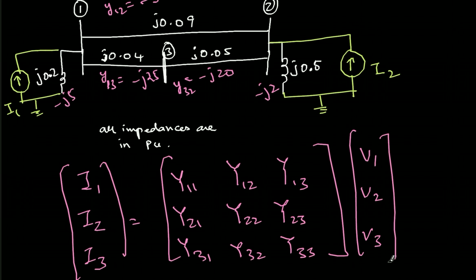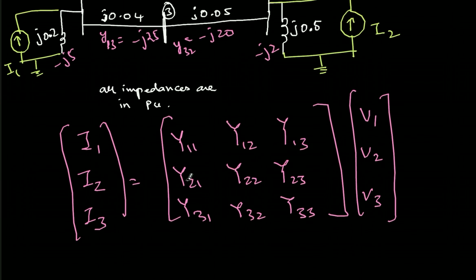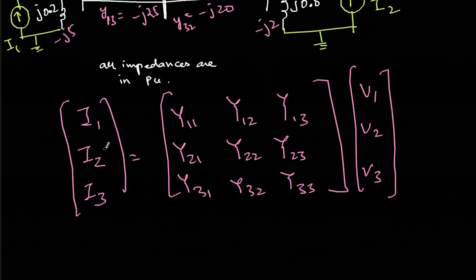So this is simply Ohm's law. Current is nothing but admittance into voltage, and this is the current injection vector. This is your actual Ybus, and this is the vector of voltages at all three buses.